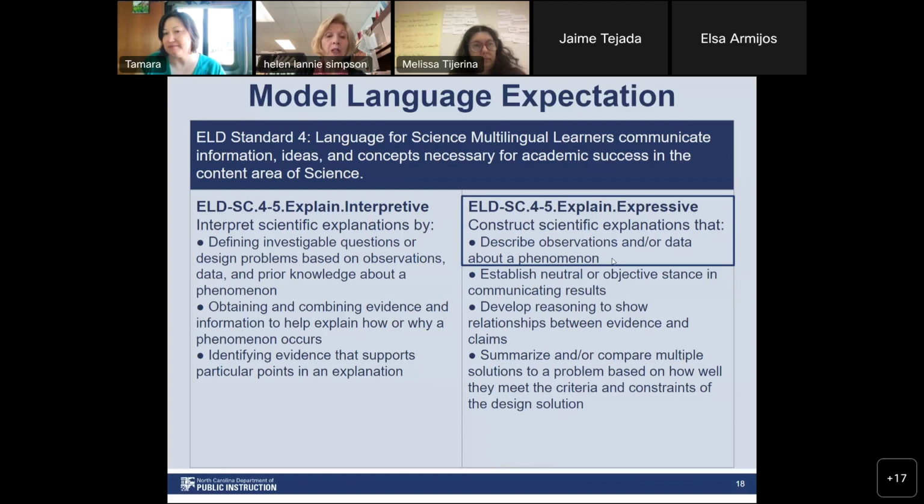I could have chosen any of these other language functions that you see bulleted, but this is where my students are. And so I want my students to be able to describe those observations and/or data about a phenomenon. So as you can see, we really are getting very granular in our expectations for our MLs.